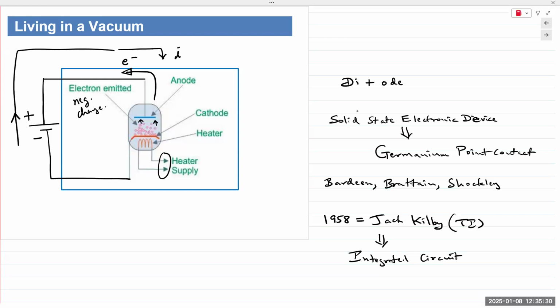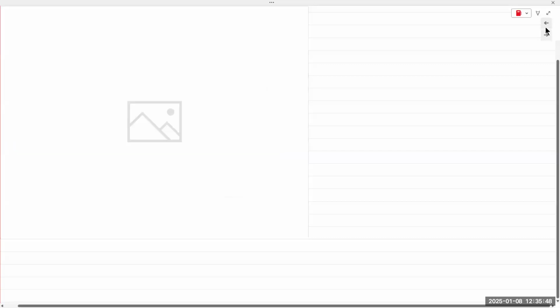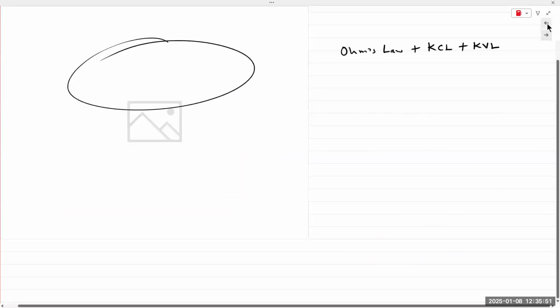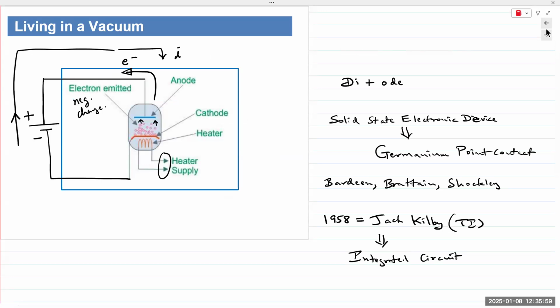The integrated circuit is also known as a microchip because the original versions were the size of microns, right? A micron is basically 10 raised to minus 6 meters, very, very small. You take 1 millimeter, divide it into 1,000 parts, you get 1 micron, 10 raised to minus 6.